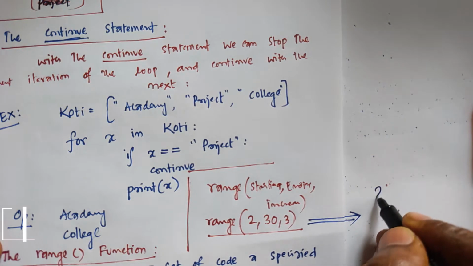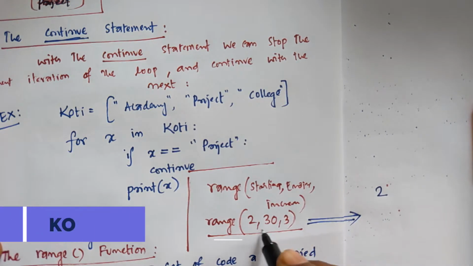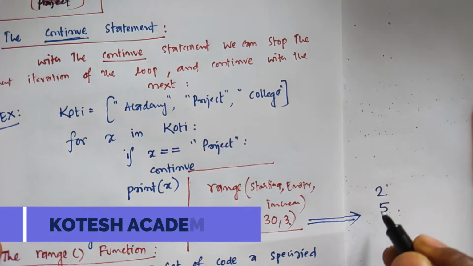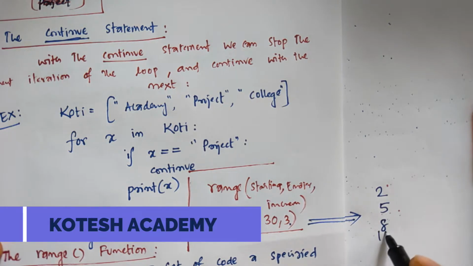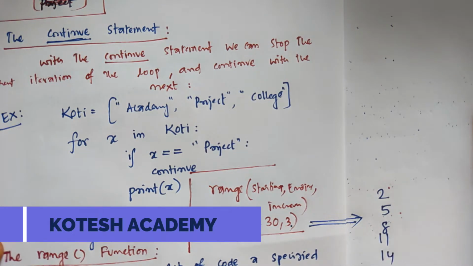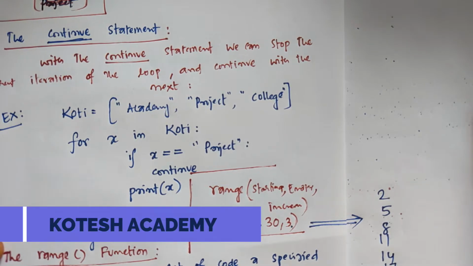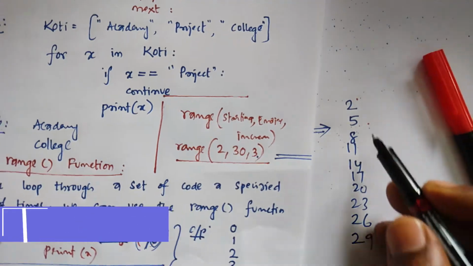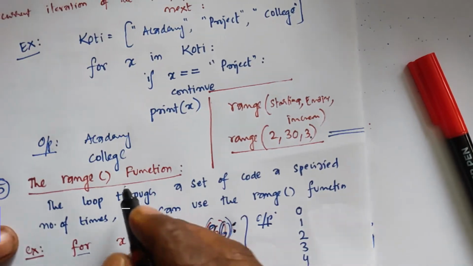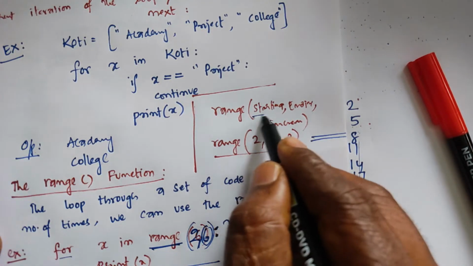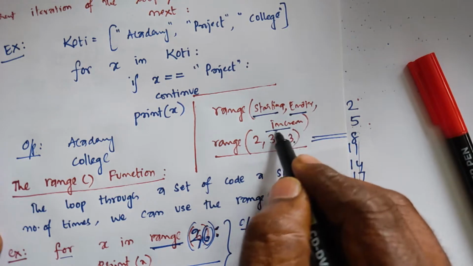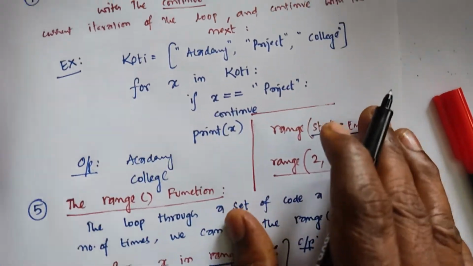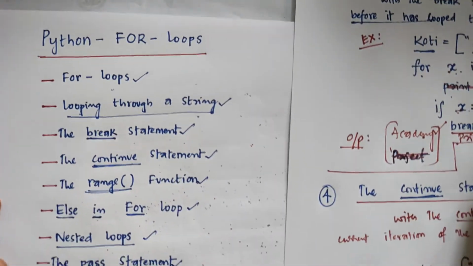The starting value is 2, plus 3 as the increment gives 5, next 8, 11, 14, 17, 20, 23, 26, 29, up to this. Then based on that you can generate the samples. This is the actual concept. So range has a starting value, an ending value, and an increment. This is an example of the various types of responses.